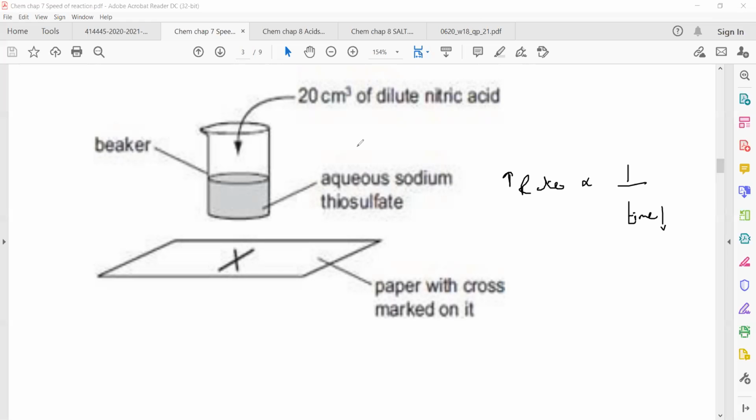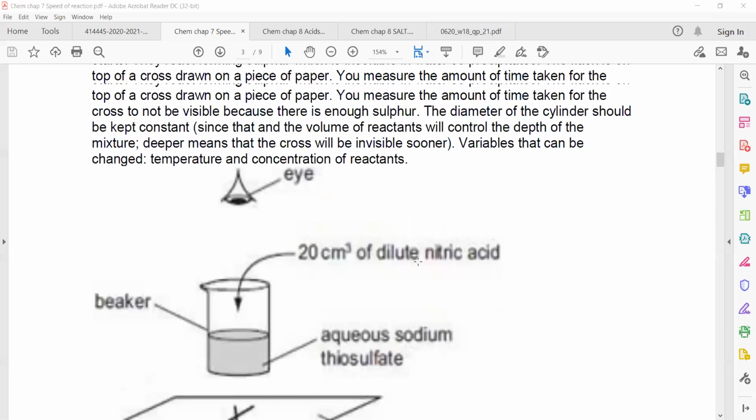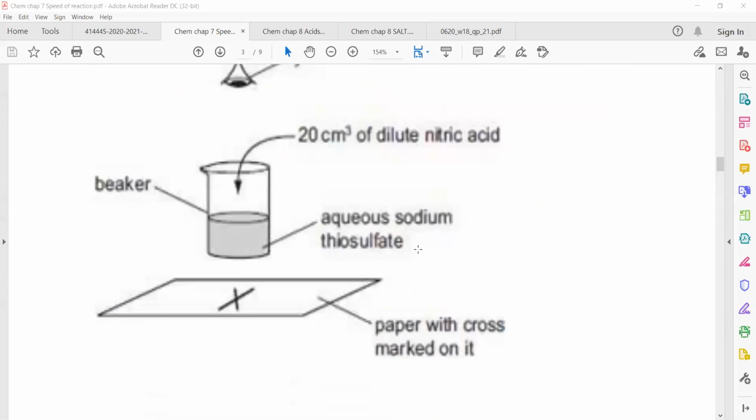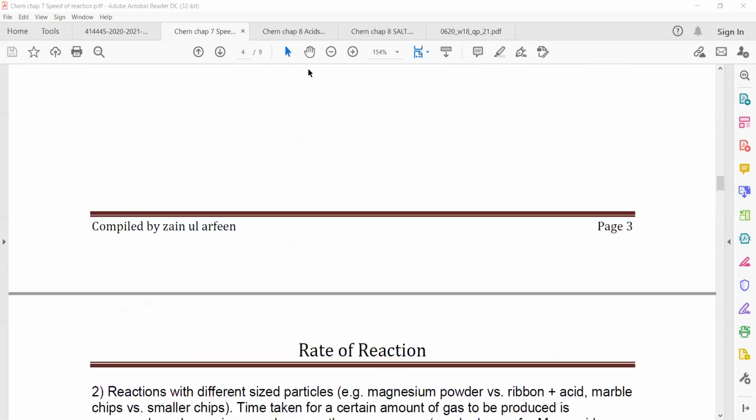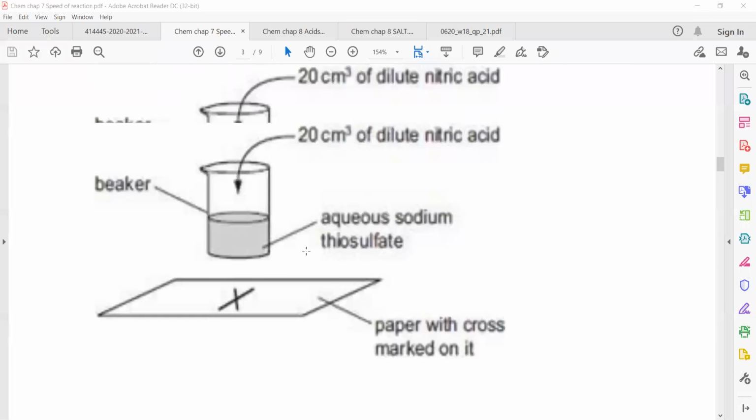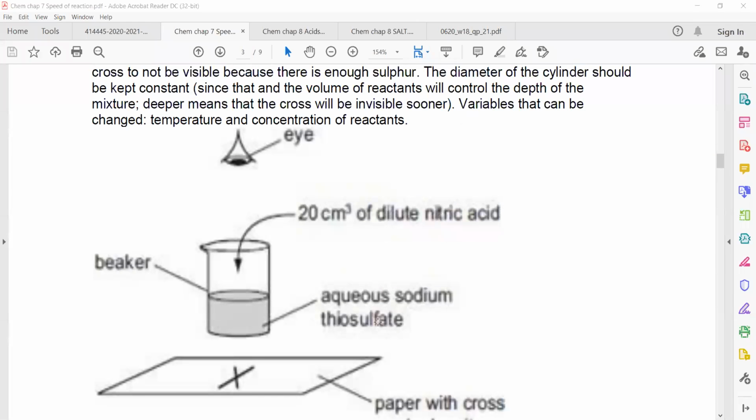The products of this reaction, when sodium thiosulfate reacts with hydrochloric acid, are sodium chloride, and a sulfur molecule is also there. And that sulfur will make the solution cloudy.